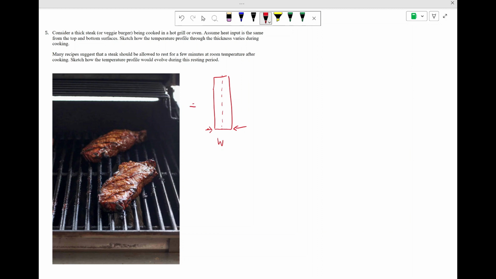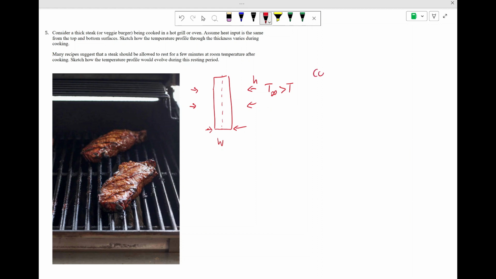So we've got heat coming in on both sides, or essentially we're heating this maybe more reasonably convectively with some T infinity, which is greater than T of the steak here, or we'll just call that T. So here's what we might expect to occur during the cooking process.